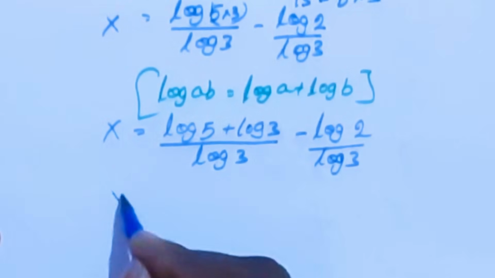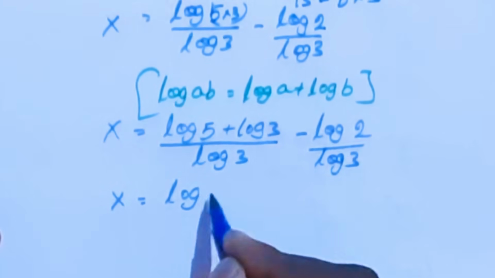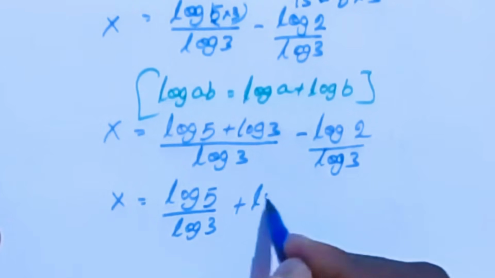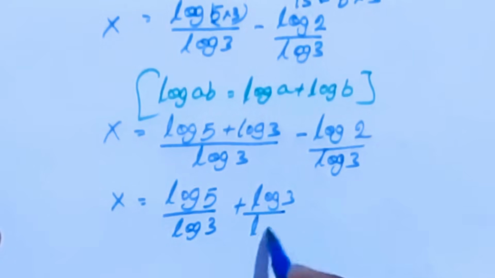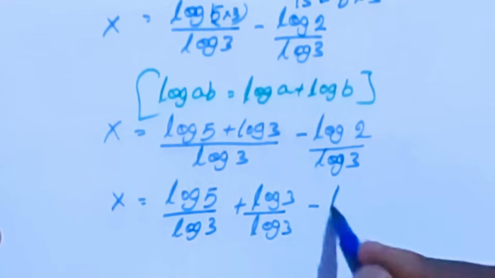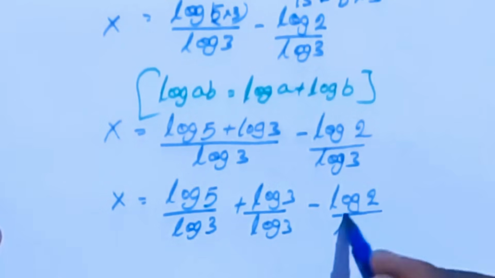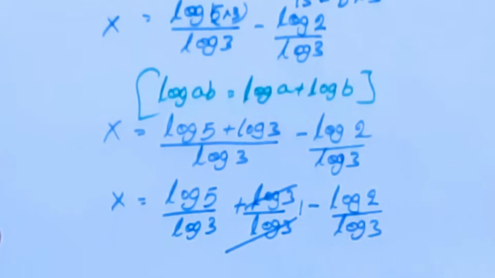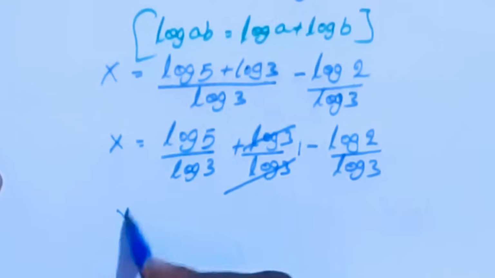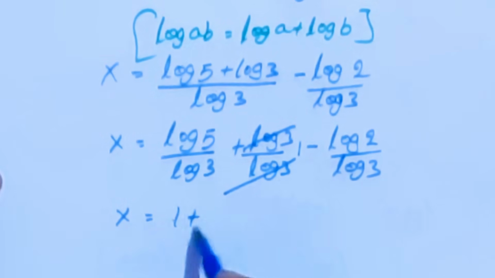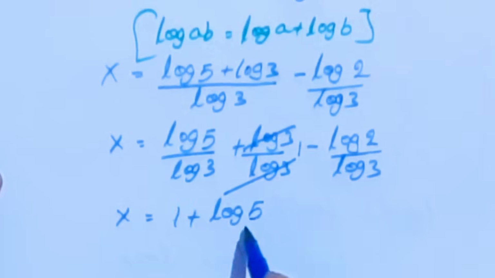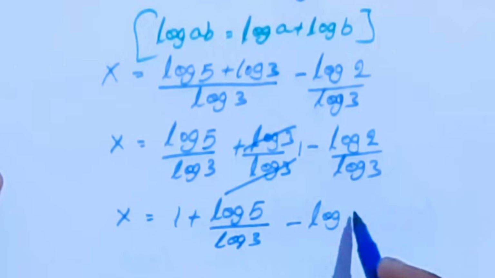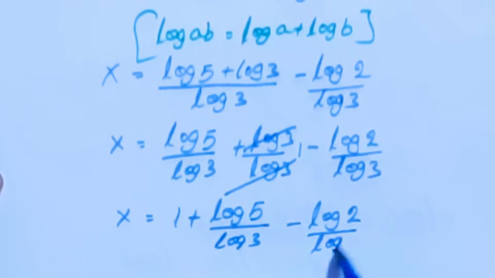Now x equal to log 5 by log 3 plus log 3 by log 3 minus log 2 by log 3. Now this log 3 cancels this. Here it is 1. So x equal to 1 plus log 5 by log 3 minus log 2 by log 3.